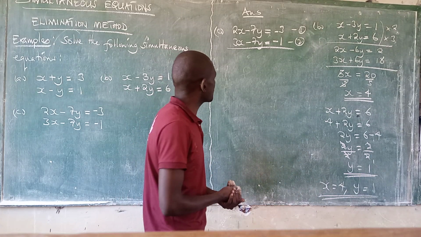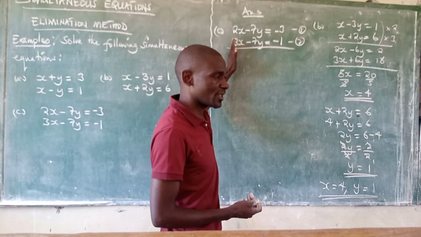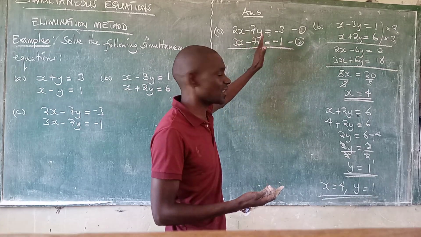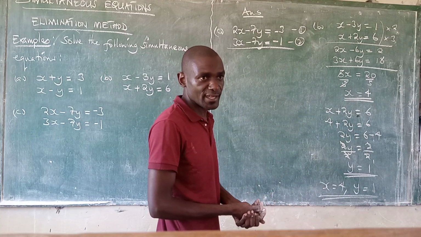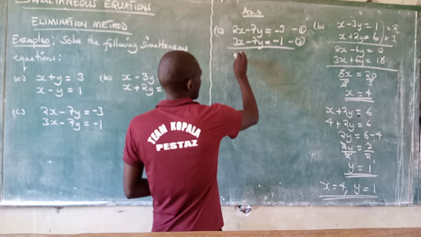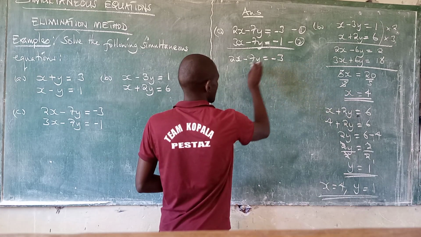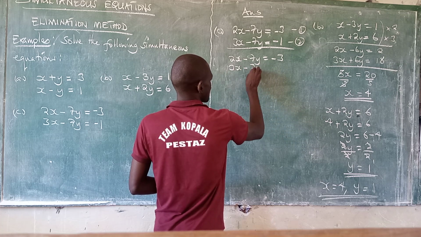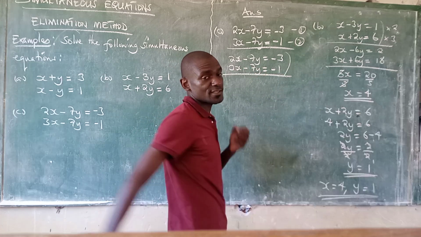So all we'll do is we can eliminate whichever we feel like. If it is x, you can eliminate it first, or if you want, you can eliminate y first. So let me deal with y. We have 2x minus 7y equals negative 3, then 3x minus 7y equals negative 1. So what I'll do is this.